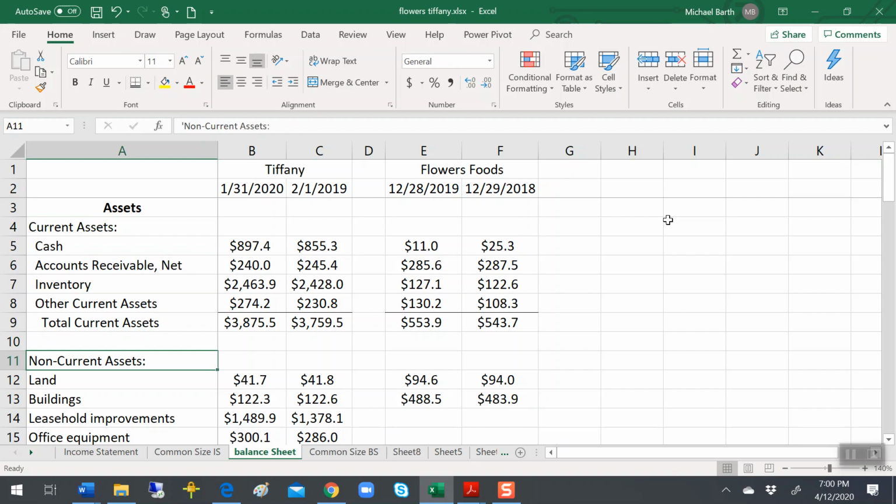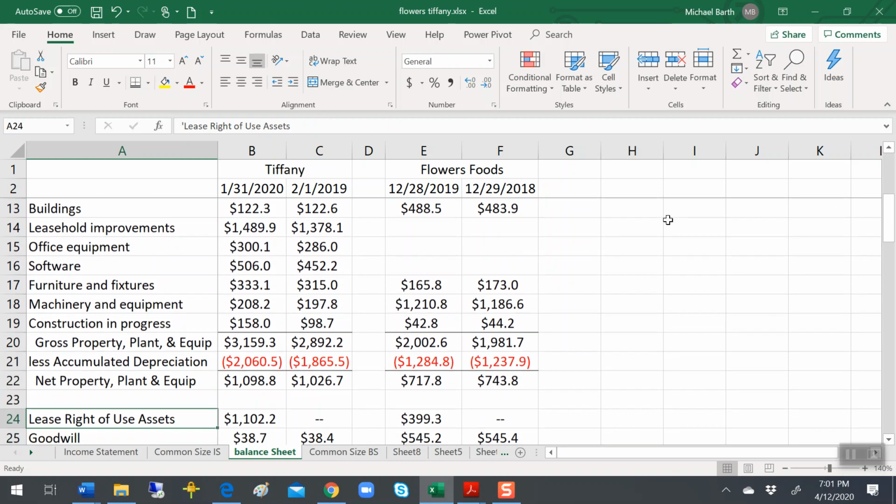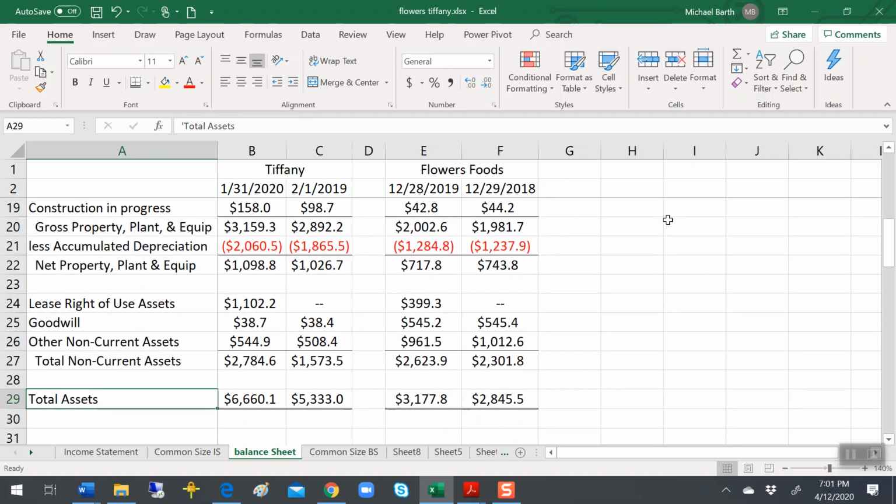And non-current assets or long-term assets are the assets that are going to be used over multiple accounting periods. Okay, so the current assets and the non-current assets together add up to the total assets.